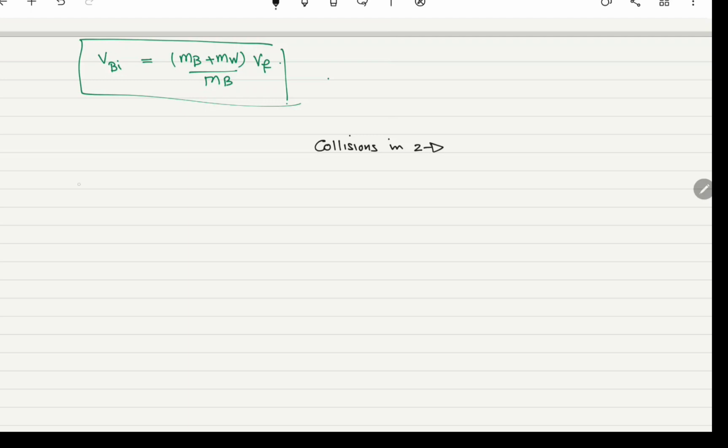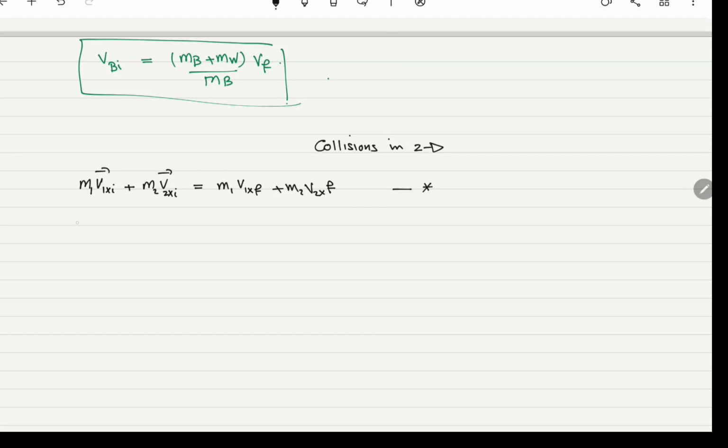In other words, m1 v1x initial plus m2 v2x initial equal to m1 v1x final plus m2 v2x final, and this is the first one.